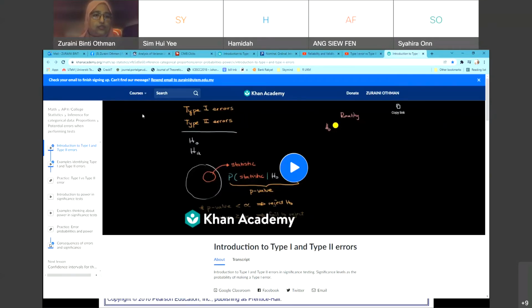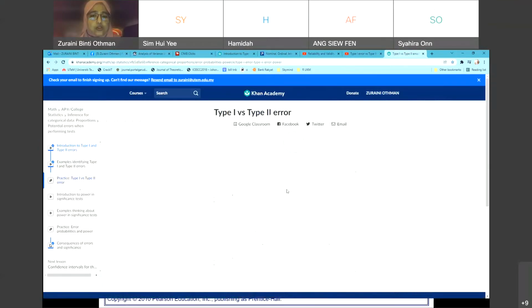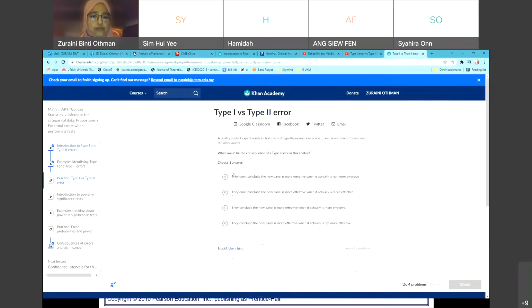This is from the link that I attached. It will introduce what type 1 and type 2 error are, with examples of identifying them, and then the practice. You can do the practice for type 1 and type 2 error. They give you the situation, and you have to decide which one is the type 1 error.